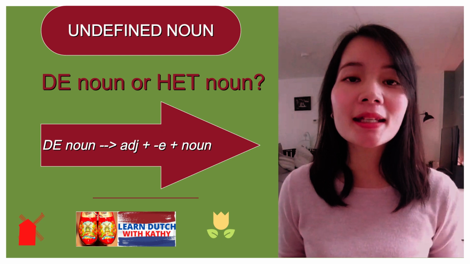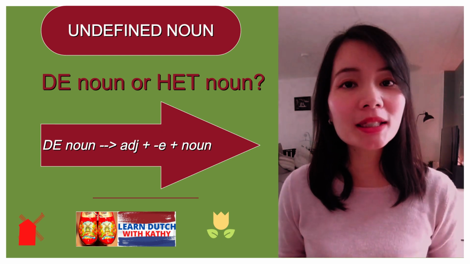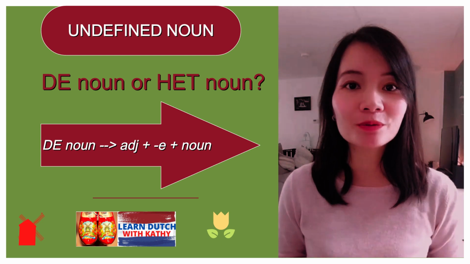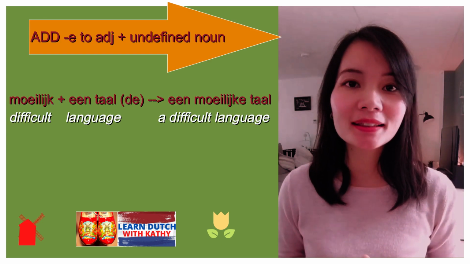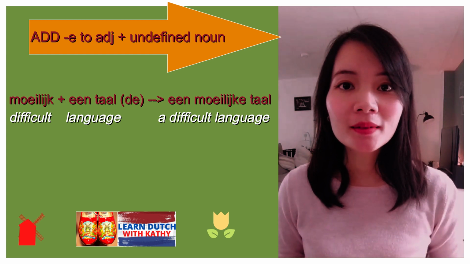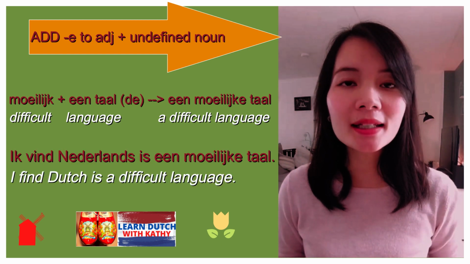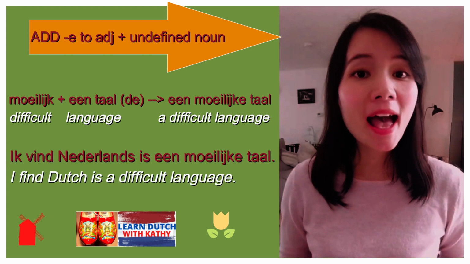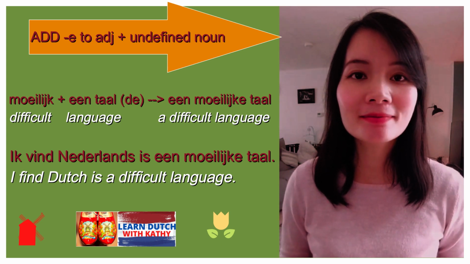You just simply add an e at the end of the adjective and you put it in front of the noun. For example, we've got the adjective moeilijk and the noun de taal. Ik vind Nederlands een moeilijke taal. I find Dutch a difficult language.